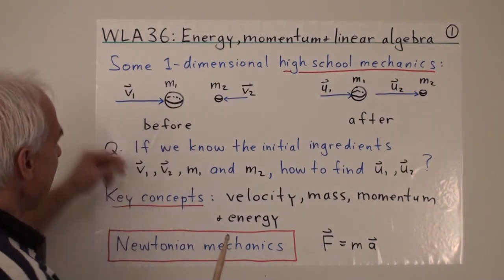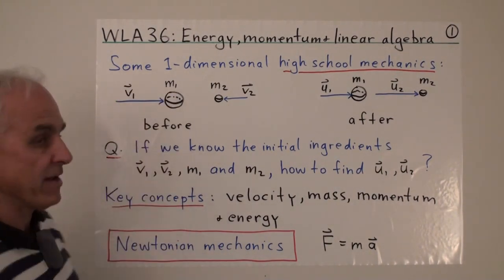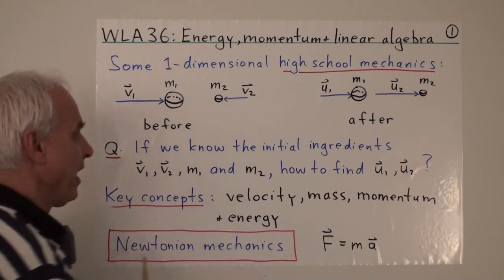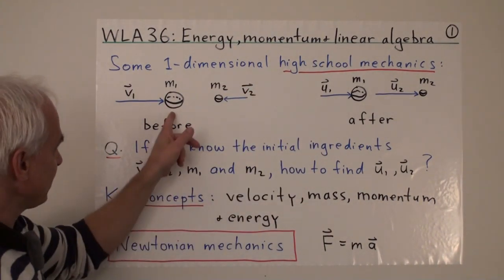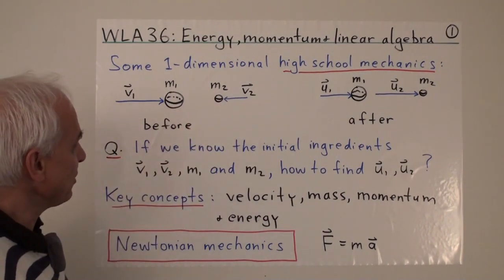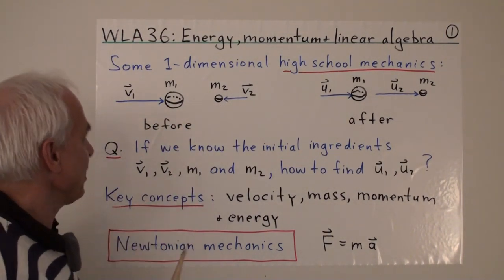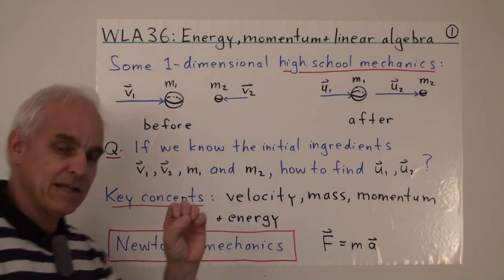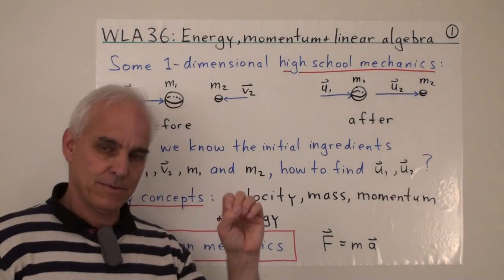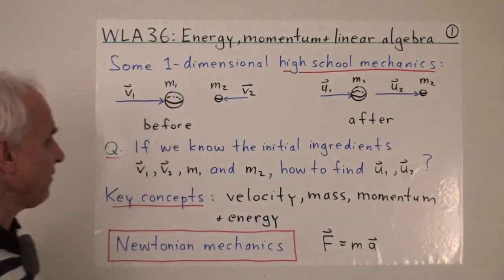So the idea is we have one particle, say of mass m1, heading this way, another particle of mass m2 heading this way, and the relative sizes of these little spheres is supposed to indicate that m1 is bigger than m2. You can think of these as little ball bearings. Okay, and they're heading towards each other with certain velocities.